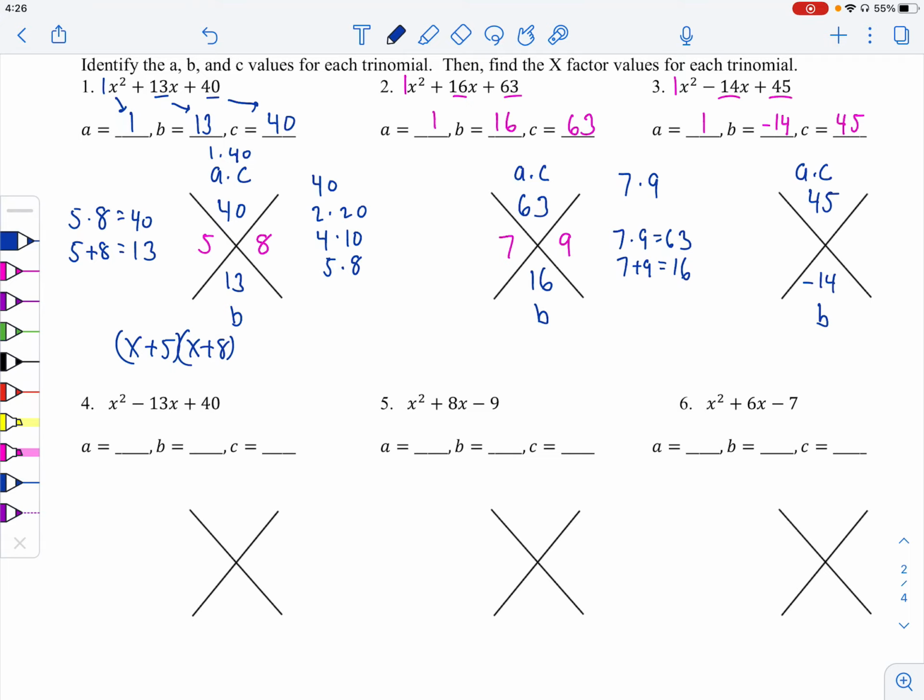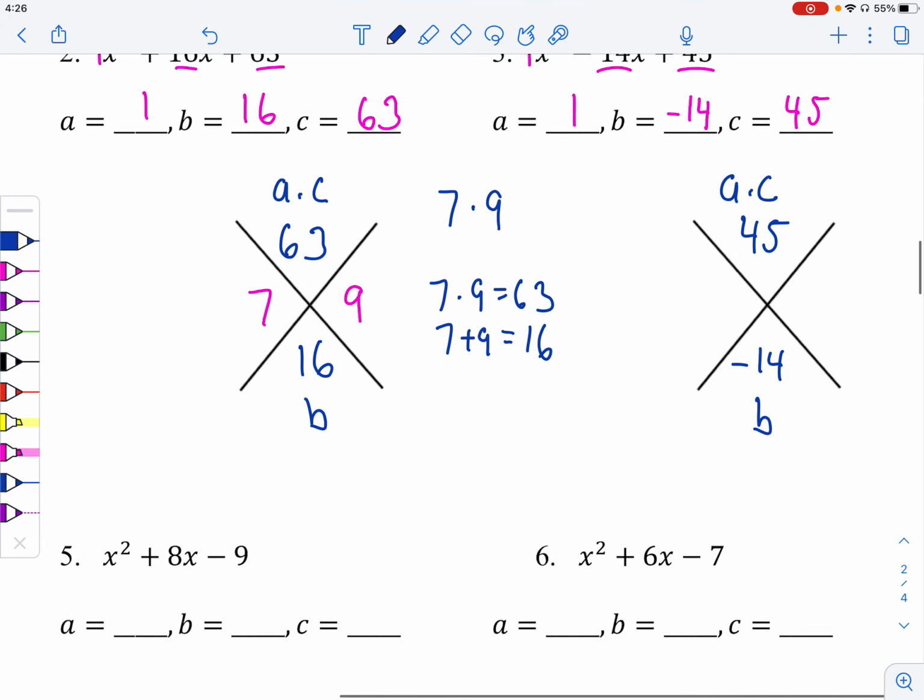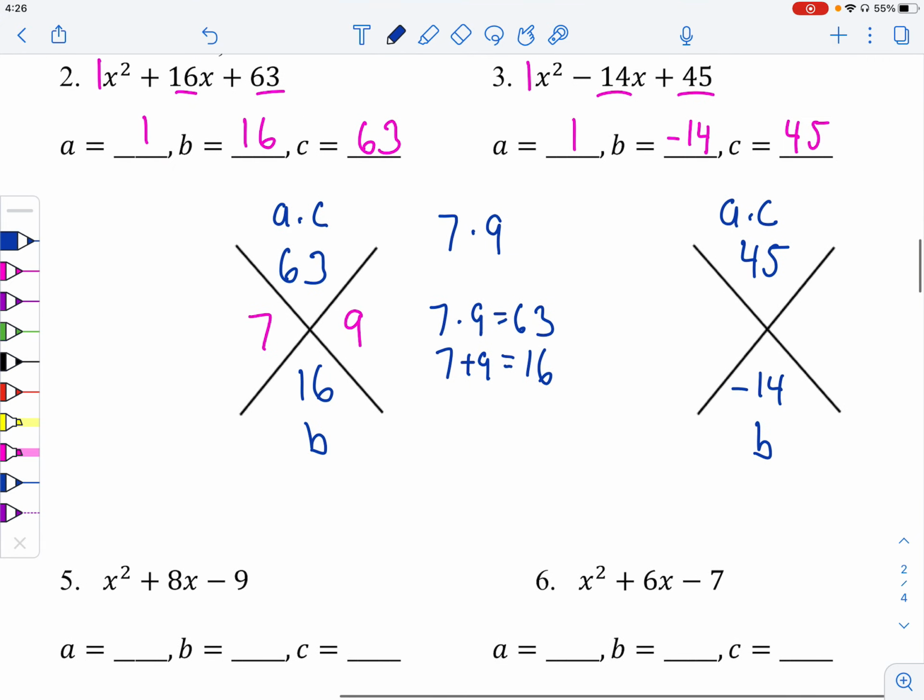Then we find what are factors of 45, and then we can write that out. Factors of 45, that's 9 and 5. Does that add to negative 14? It adds to positive 14, but it doesn't add to negative 14.